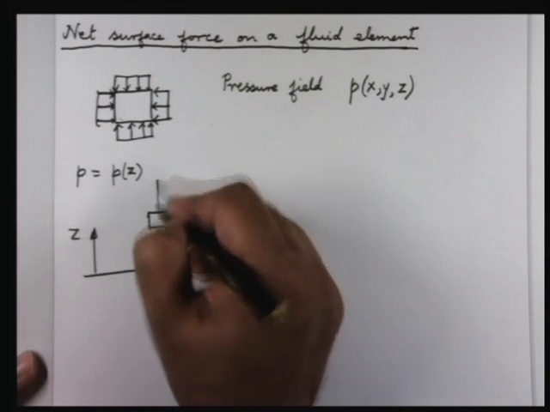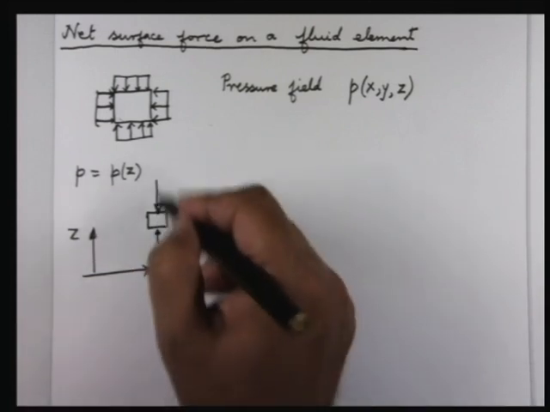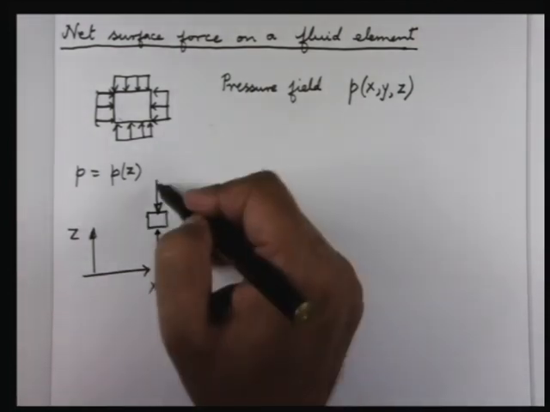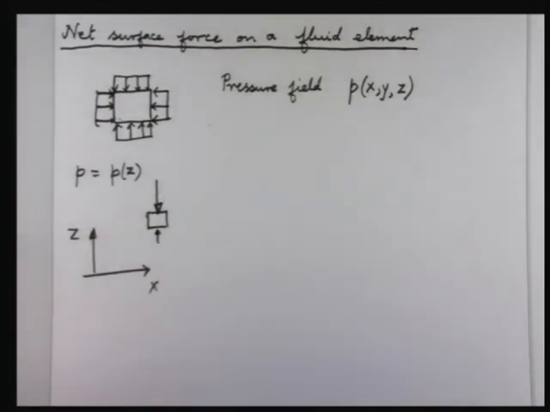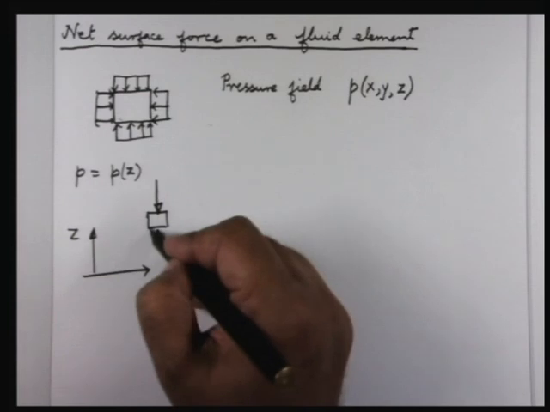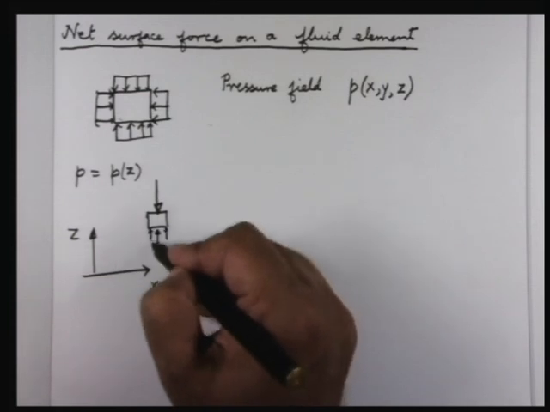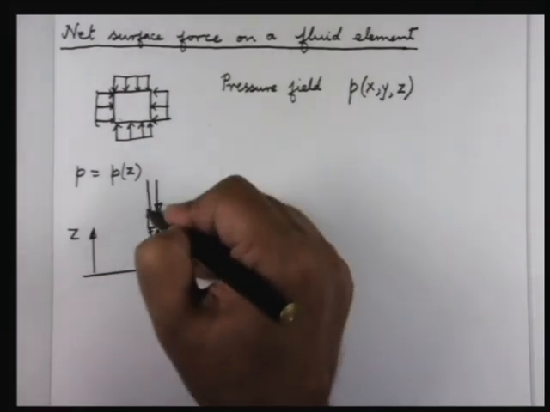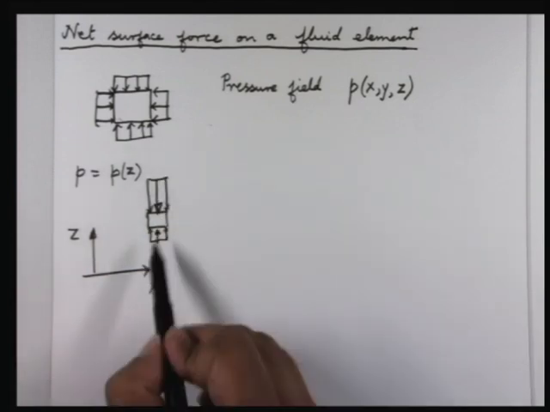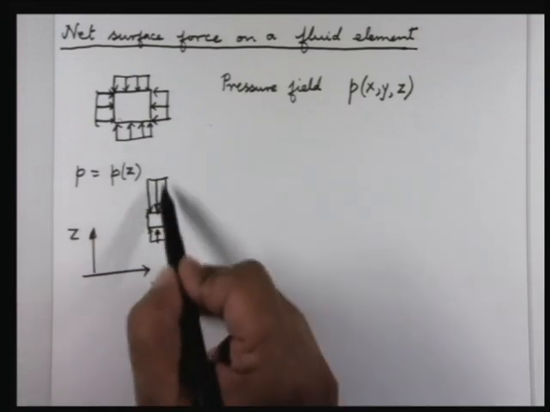Now I am drawing a larger arrow. It is inwards because it's compressive. To give you the impression that there is a net force, I have deliberately drawn the length of this arrow larger. So if you have a distributed force here, you have the magnitude here smaller than the magnitude here.